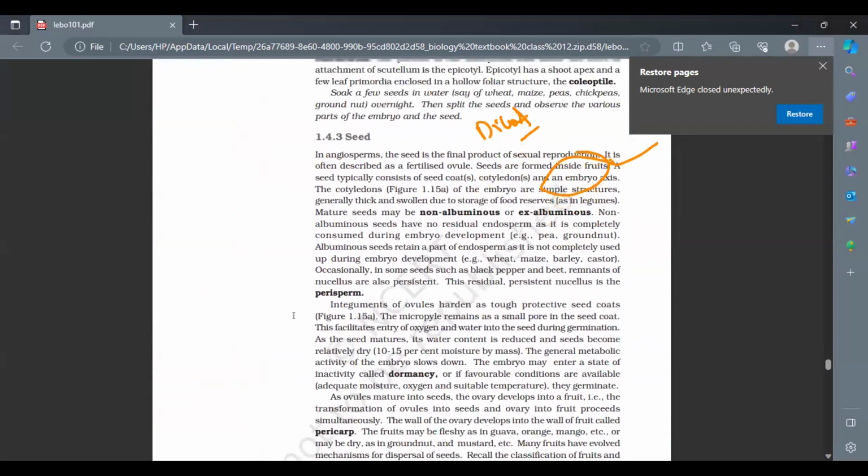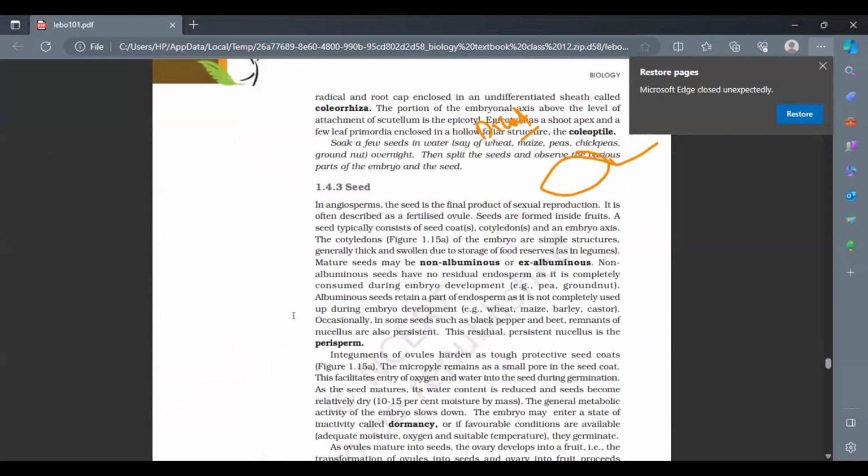And then what happens when this embryo keeps on growing? It obviously forms a seed, and these seeds are present inside the fruit. Remember this very important thing: whenever sexual reproduction happens in angiosperms, the final thing formed post-fertilization is a seed.